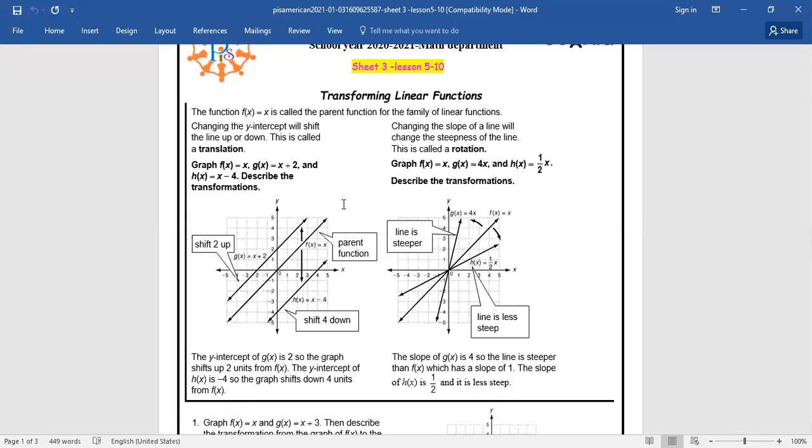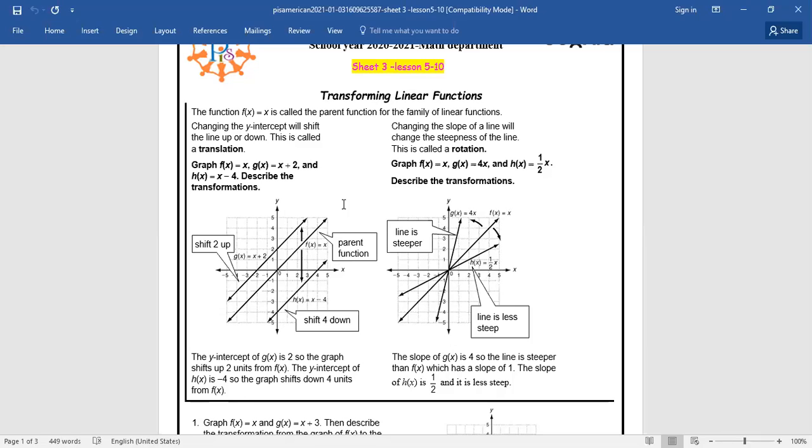For the family of linear functions, changing the y-intercept will shift the line up or down. This is called translation. So if we talk about translation, we shift the line or the function up or down according to the y-intercept.